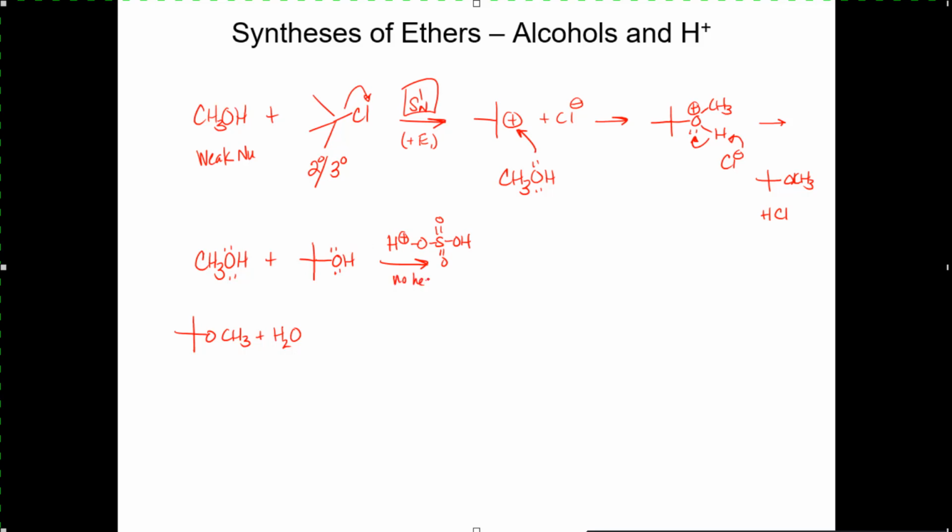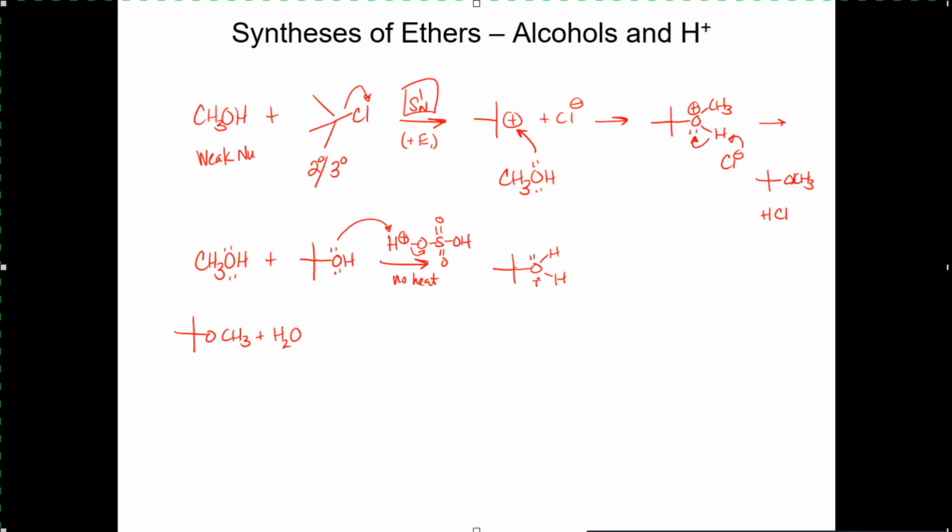Let's apply no heat to this reaction. So let's not heat it and make it go elimination, dehydration. Let's just use sulfuric acid and no heat. Okay, what's going to happen? Well, I'm going to protonate the OH of the tert-butyl group to then form what?